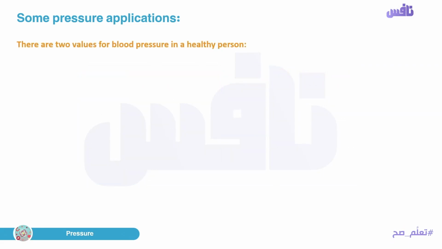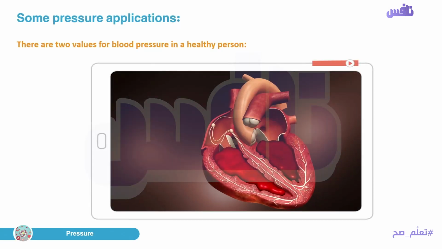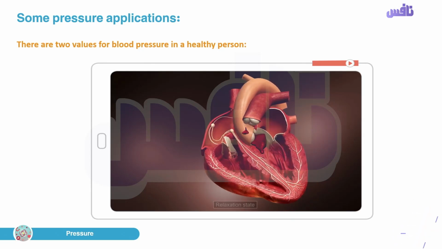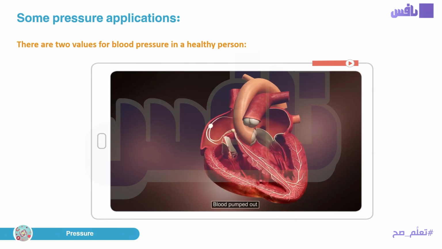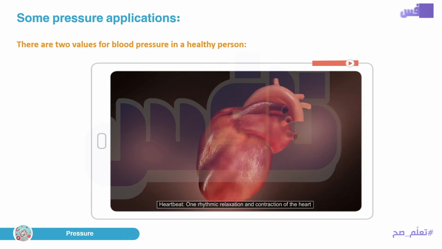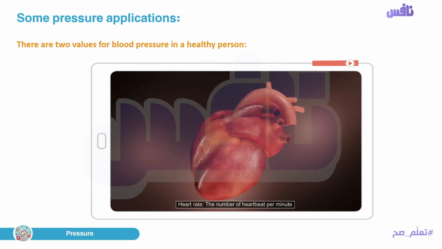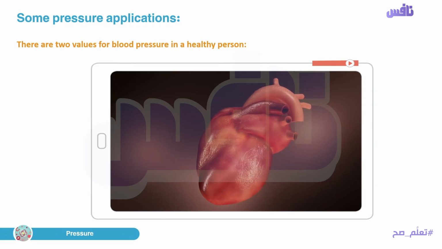The last one, there are two values for blood pressure in a healthy person. Let's watch the video in front of us. As you can see, friends, relaxation and contraction, relaxation and contraction. If there is a contraction, the blood will be crowded like traffic. So this heart is relaxed, which leads to, bravo, diastolic.